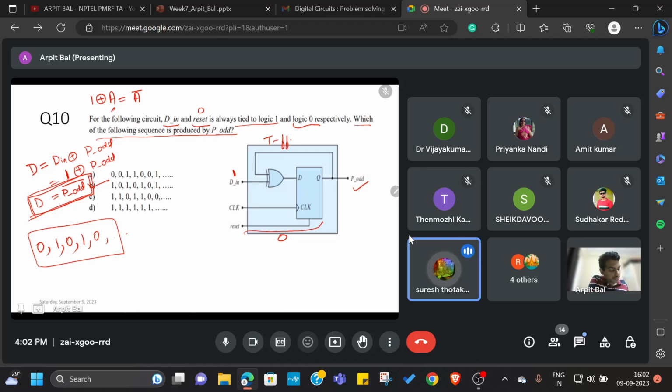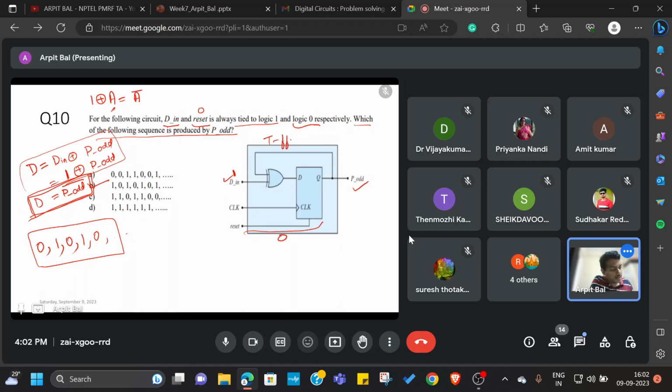So if you are able to observe it from the very beginning, then you can say that I need not compute this equation because I see a T flip-flop with an input 1, so it will toggle each time. I hope everyone is clear with this solution.